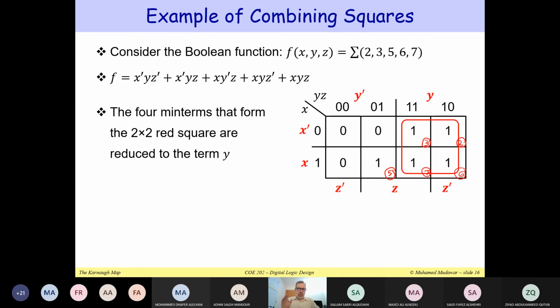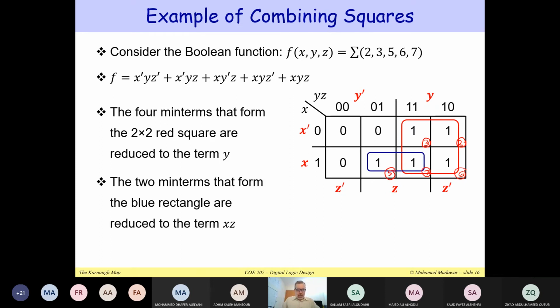Okay, so these are minterms 2, 3, 6, and 7. I still have one minterm here, which is minterm 5, but I need to combine it with minterm 7. So therefore, when you combine, you can simplify. So the term here, this red one will be y, and this blue one here will be x and z.